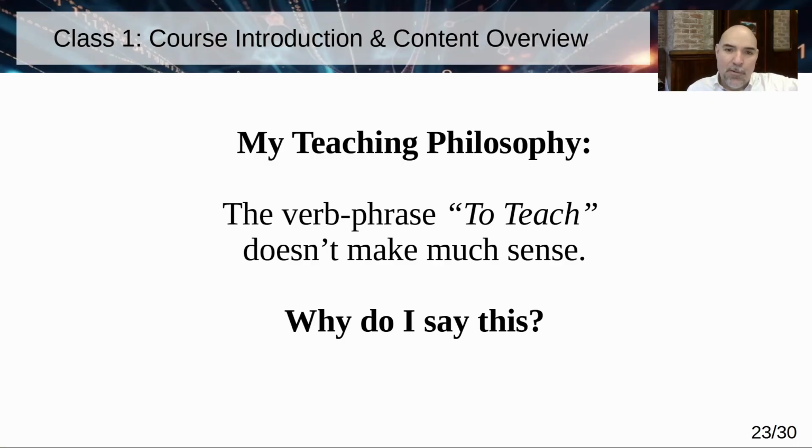Or if I say to throw, and I throw it, it had no choice in that. It's going to happen whether it wants that to or not. But the verb phrase to teach puts the emphasis on me as the professor or the teacher doing something to you. I am teaching you things. And I guess I don't think that teaching, at least real teaching, can work as me being the active entity doing something to you as the students.